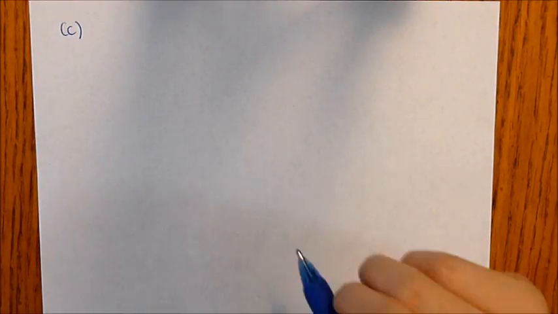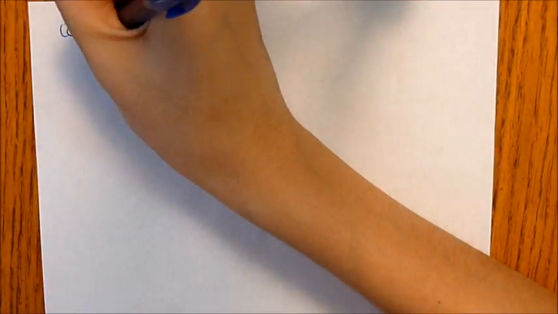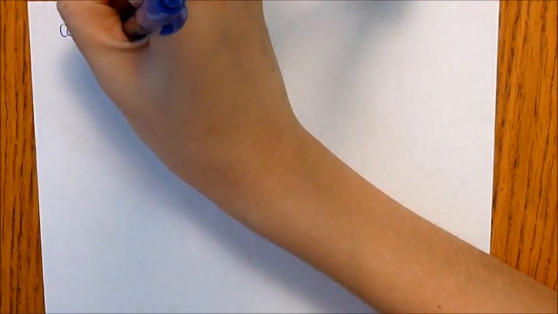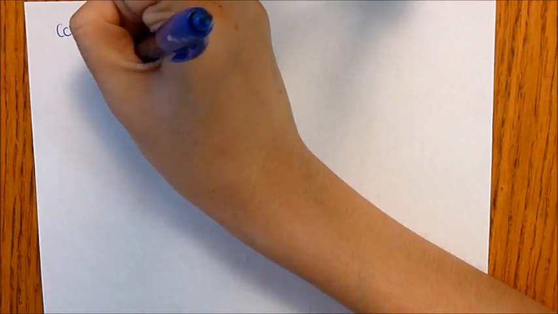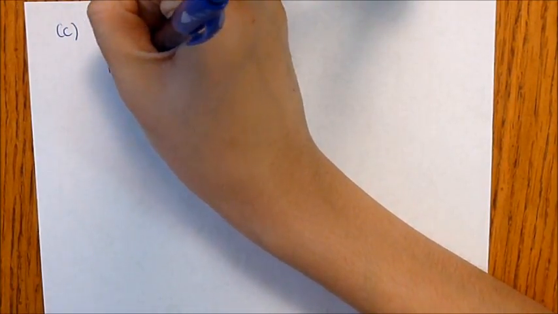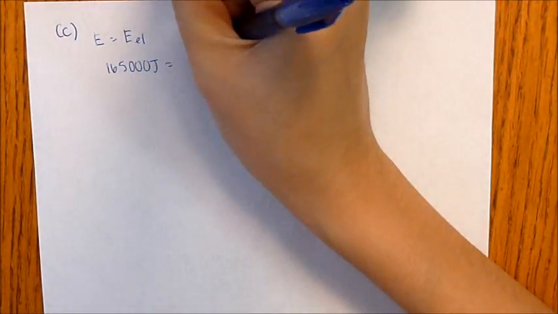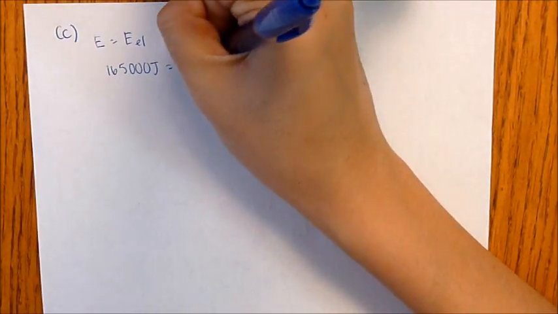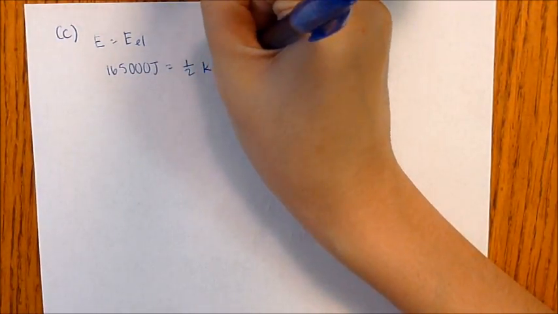Now we're going to start part C. It asks how far the car would compress the emergency safety spring, and here all of the total energy in the system would equal elastic energy after it's been totally compressed. So your 165,000 joules would be equal to 1/2 the spring constant k times the change in x squared.